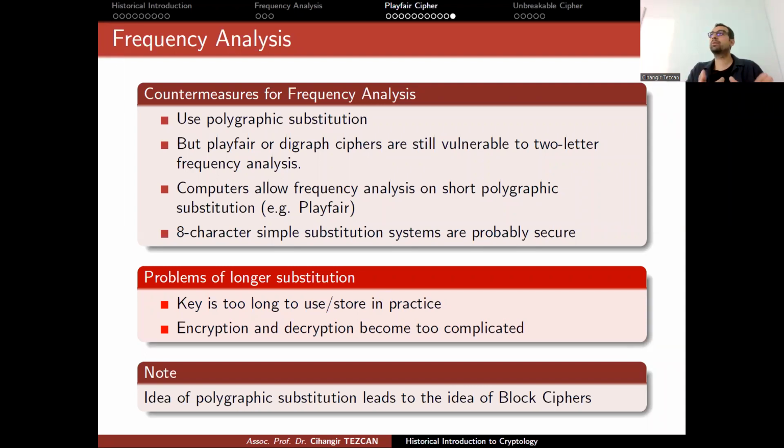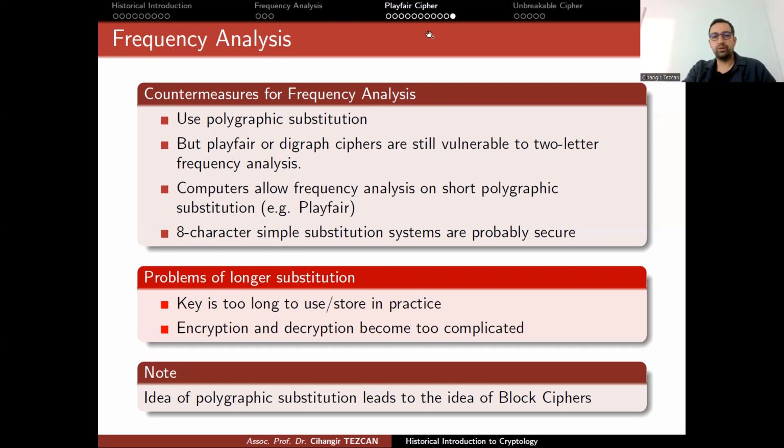So actually in block ciphers, we are replacing 8 bytes with 8 bytes. So it is not different from this kind of stuff. But of course, instead of letters, we are using bytes because now we are in the modern age. We have bits, right? We also want to encrypt things other than letters, right?